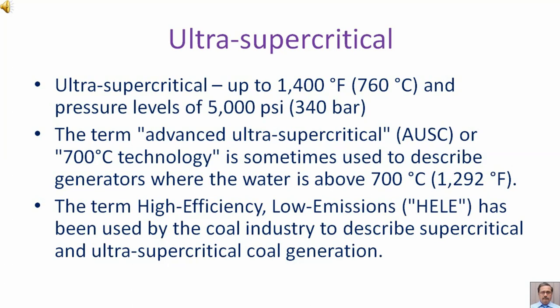The term advanced ultra supercritical or 700 degree centigrade technology is sometimes used to describe generators where the water is above 700 degrees centigrade, that is 1292 degrees Fahrenheit. The term high efficiency, low emissions has been used by the coal industry to describe supercritical and ultra supercritical coal generation.